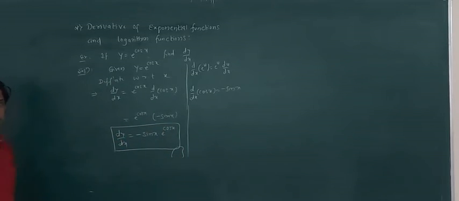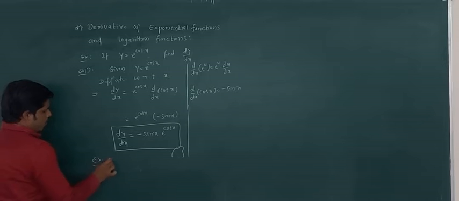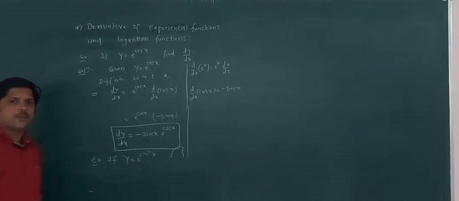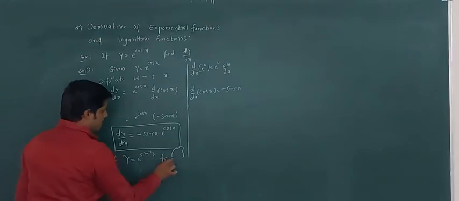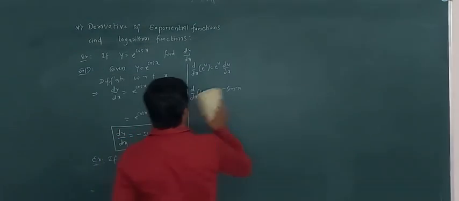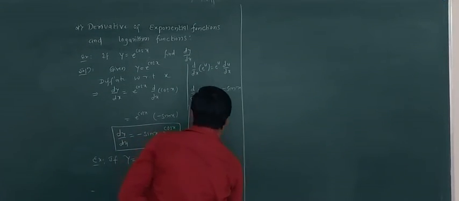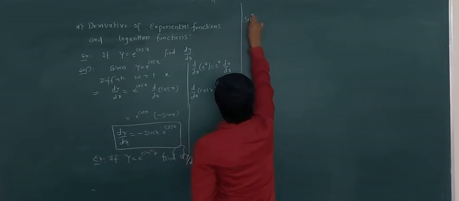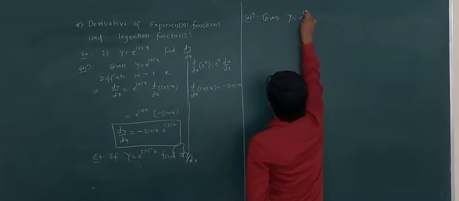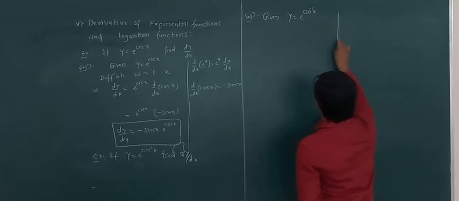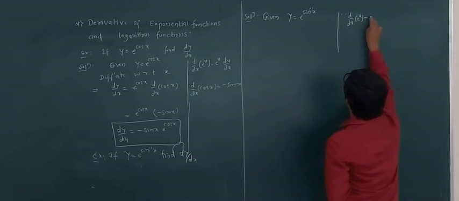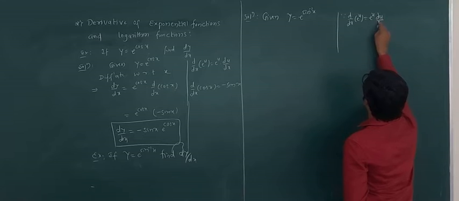Okay, consider next example. If y equal to e to the power sin inverse x, then find dy by dx. Solution. Given is y equal to e to the power sin inverse x, but we know that d by dx of e to the power u is equal to e to the power u into du by dx.